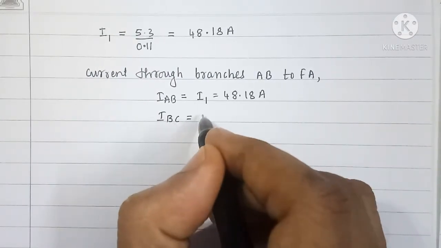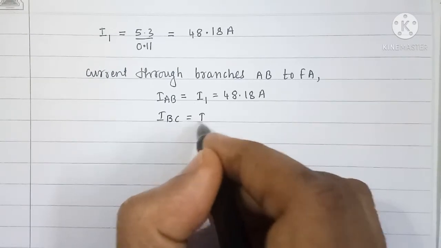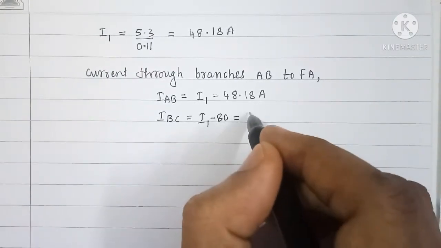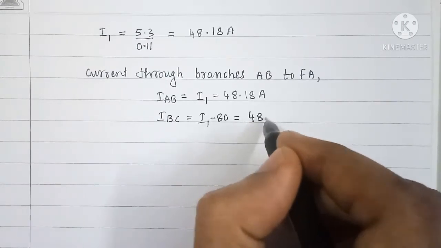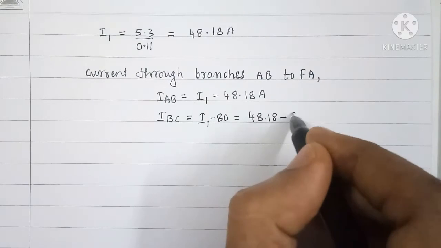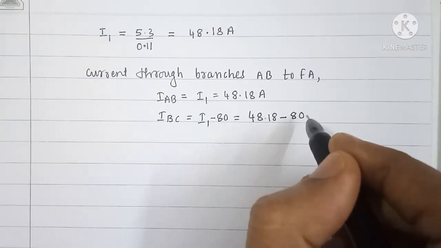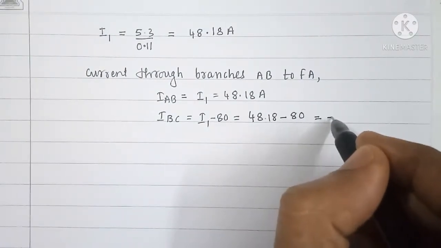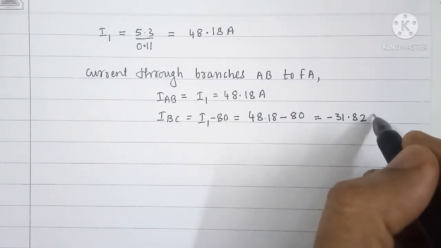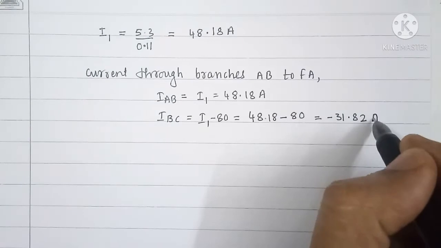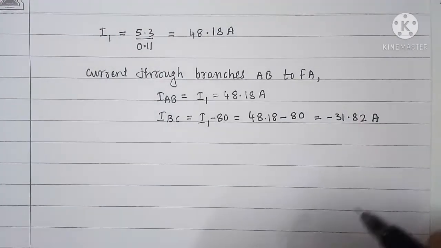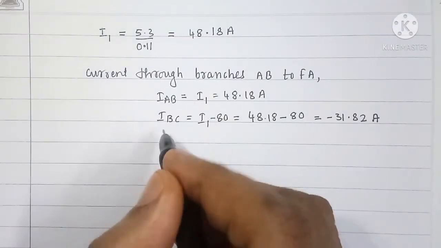IBC equal to I1 minus 80, that is 48.18 minus 80, equal to minus 31.82 ampere, which means the direction of current is opposite to what we have assumed in branch BC.